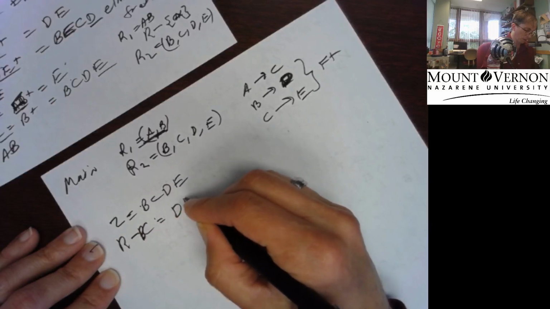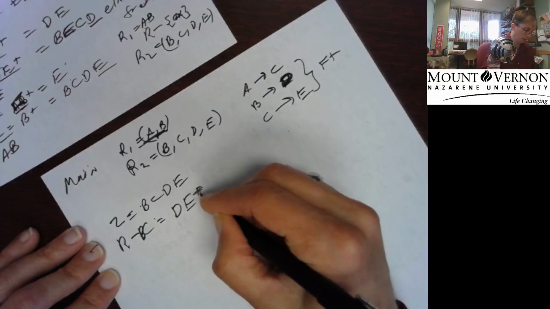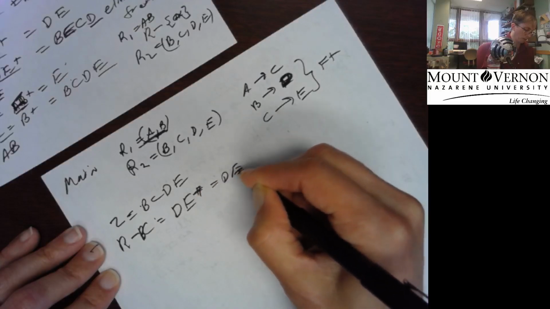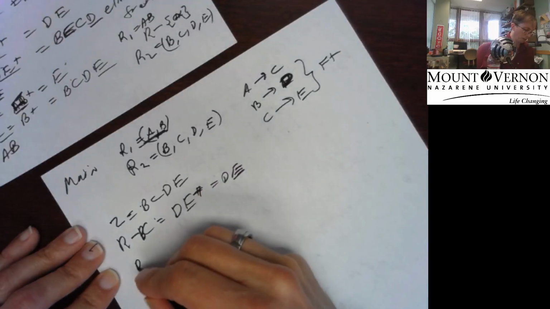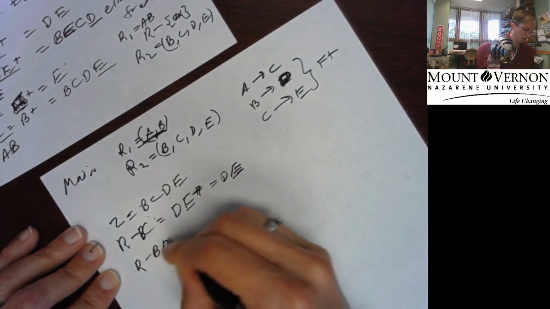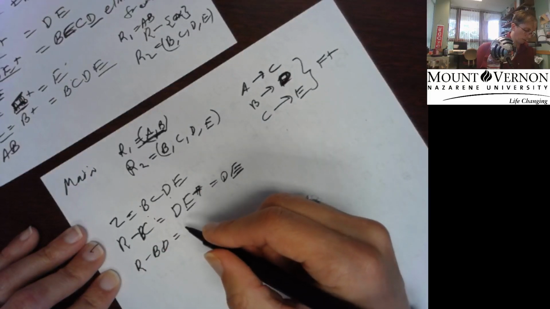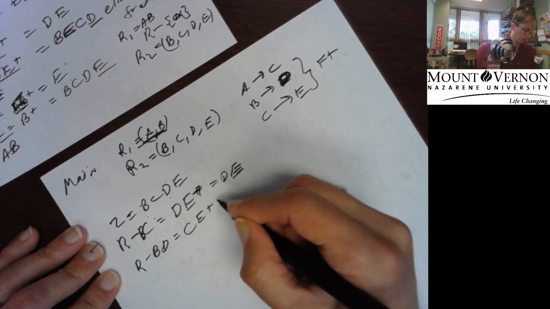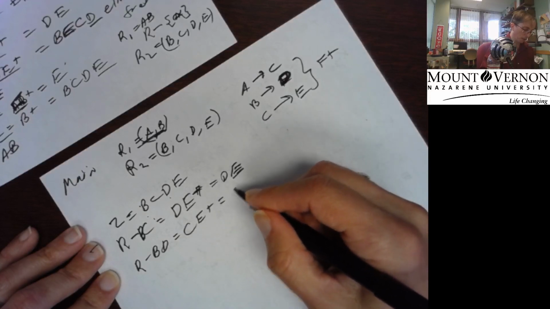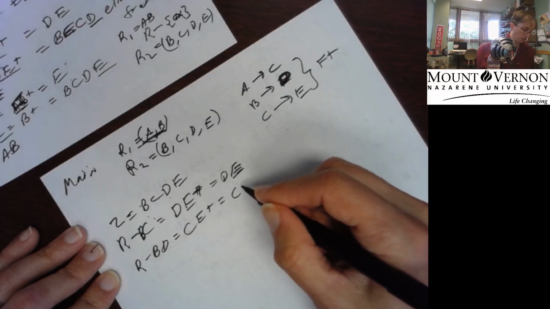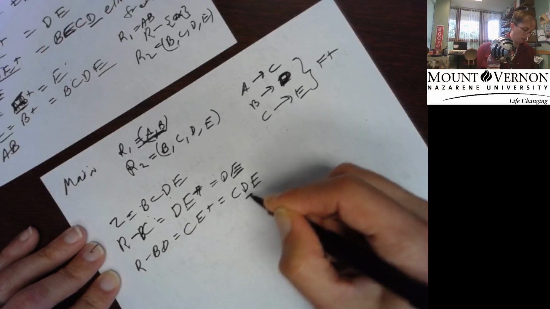That gives us DE closure to look at. DE by reflexivity, and that's it. So no violation there. So take BD. So that will give us CE closure. And then that will give us here C, D, and E, which gives us a violation here.